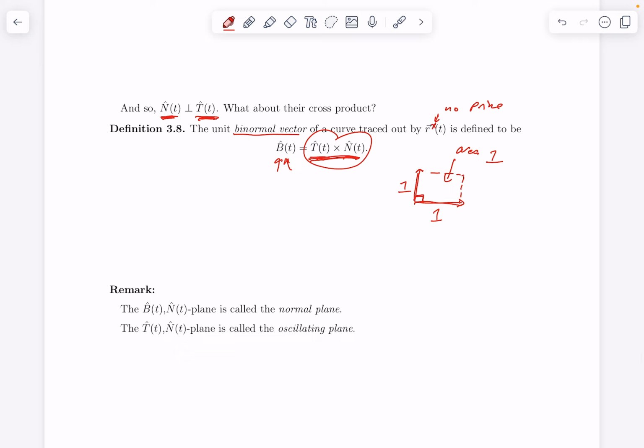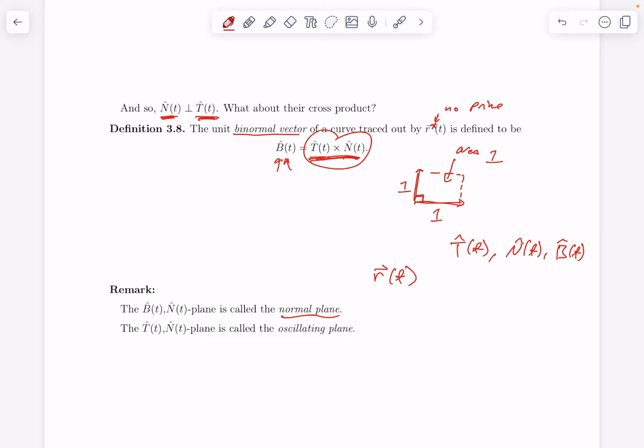All right, some more terminology. At some point, r of t, we can define a unit tangent, a unit normal, and a unit binormal.